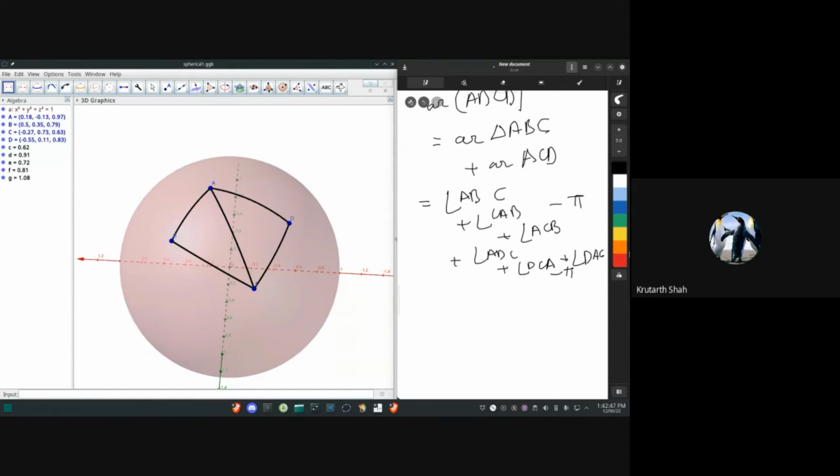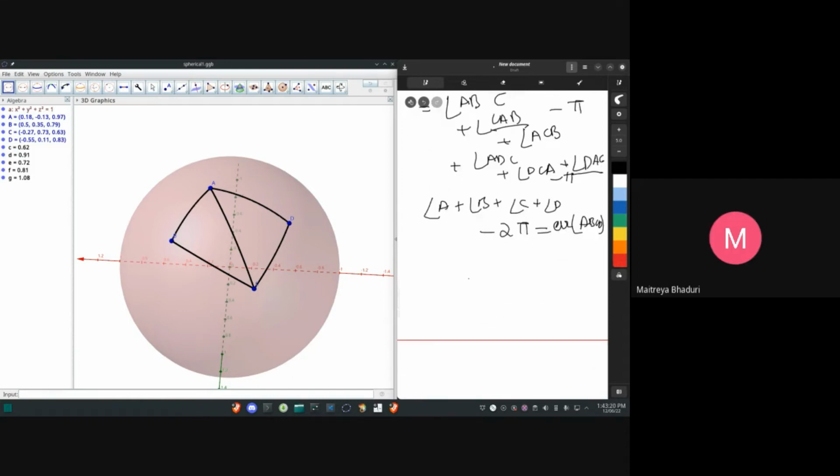After adding all of this, you get angle A plus angle B plus angle C plus angle D minus 2 pi as the area. So angle BAC plus angle CAD is equal to angle BAD. Yes, exactly. So angle DAC plus angle CAB is angle A in the quadrilateral, and similarly the other angles will add up.